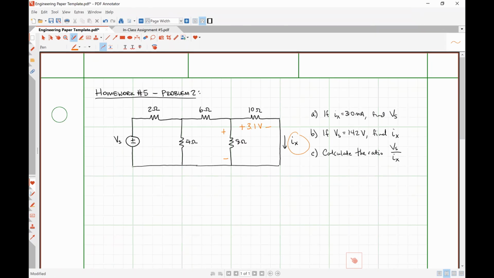I thought you would use Kirchhoff's voltage law around that loop. Yeah, so if you did a simple KVL around the loop containing the 8 ohm resistor, the 10 ohm resistor, and that short circuit, you would find that it's 3.1 volts. You could also observe that the 10 ohm resistor and the 8 ohm resistor are in parallel. Either way, you're going to get the same result.